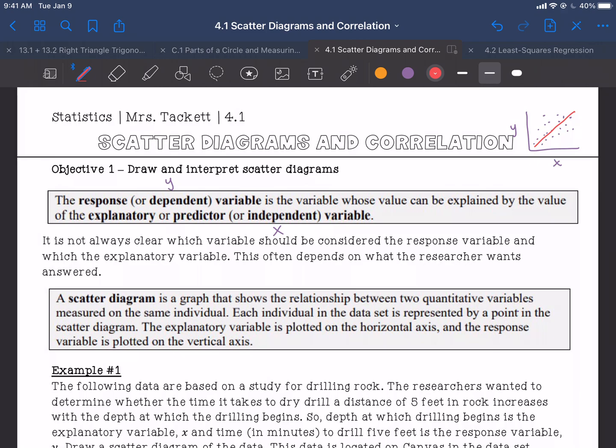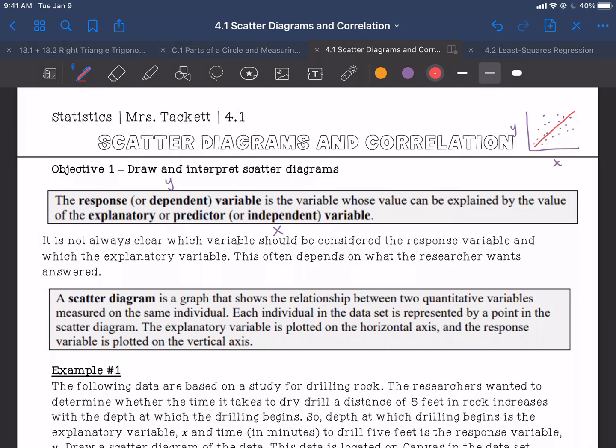Now, it's not always clear which variable should be considered the response variable and which one's the explanatory. It often depends on what the researcher is trying to study. So one thing I thought of is maybe if we're comparing ACT and SAT scores, we might see, does your ACT score have an effect on your SAT score?